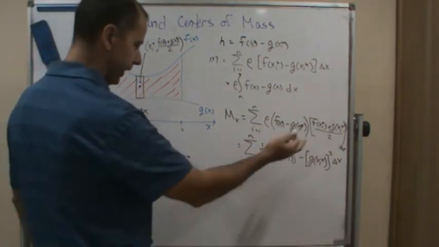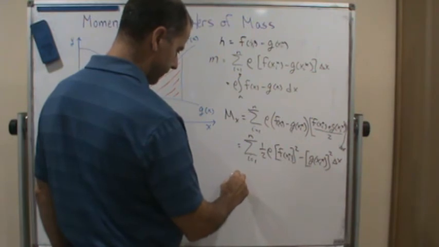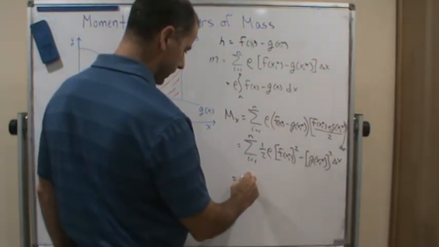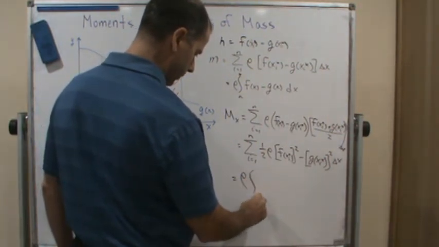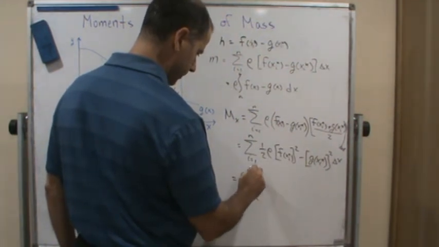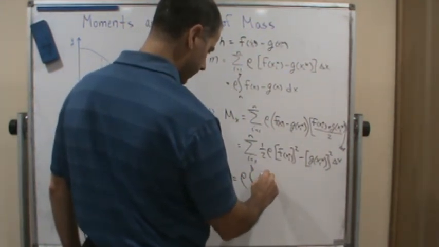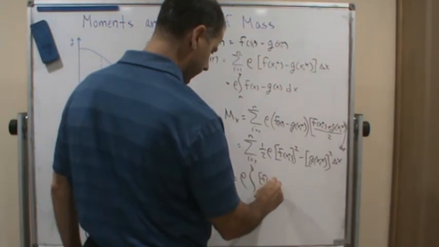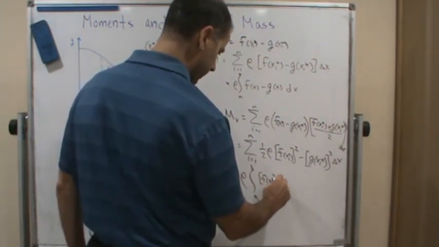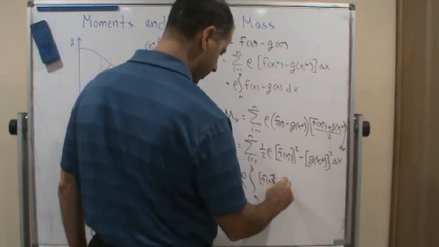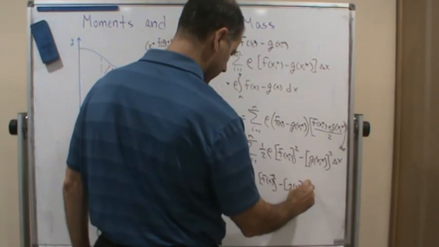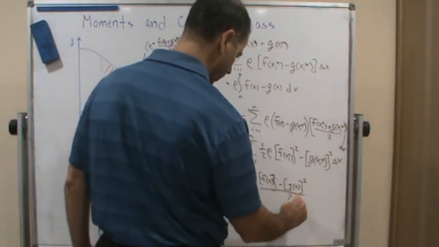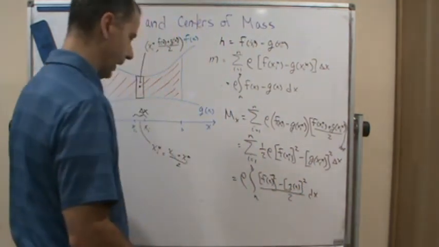If we take the limit, that gives us our final answer: m sub x equals rho times the integral from a to b of f of x squared minus g of x squared over 2 dx.